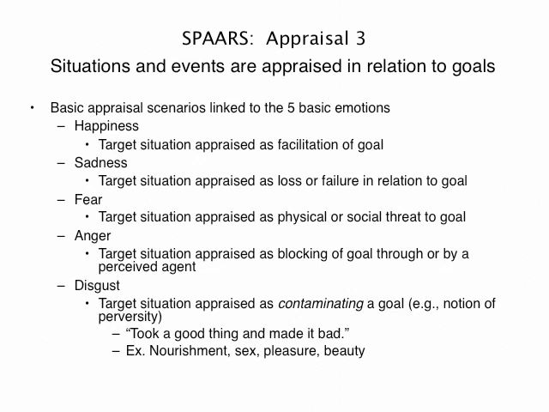Or you could appraise the target situation as blocking a goal by a perceived agent. So this is a little different from fear, but when there's somebody, remember that accountability component of the revised version of Lazarus's, the 1993 model of primary and secondary appraisal, where secondary appraisal was broken down into four components.